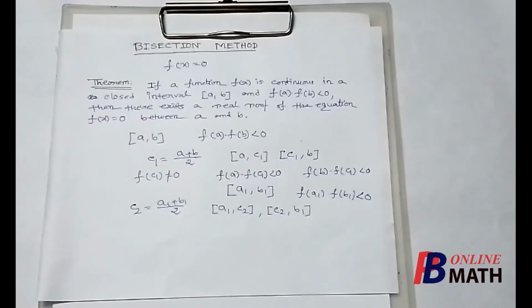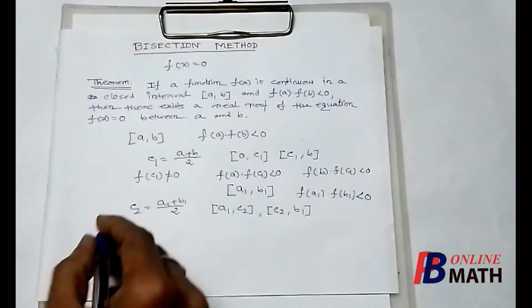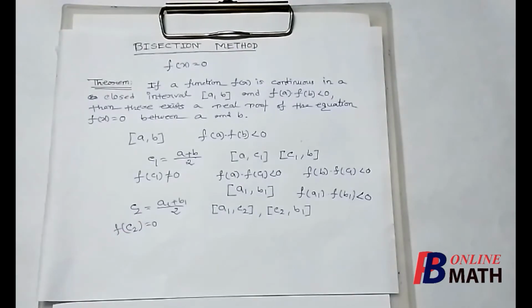We know that f(a1) and f(b1) have different signs. Now, two cases may arise: either f(c2) is equal to 0 or f(c2) is not equal to 0. If f(c2) is equal to 0, then this is the exact root of the equation.